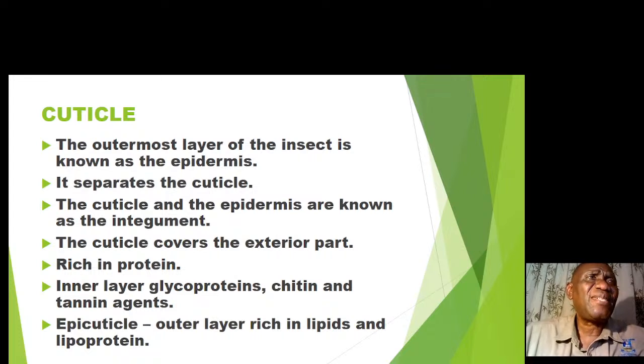It's rich in protein, inner layer, glycoproteins, chitin and tanning agents. That is the inner layer or the inner part. Then the epicuticle, the outer layer, as opposed to the inner layer, is rich in lipids and lipoprotein.